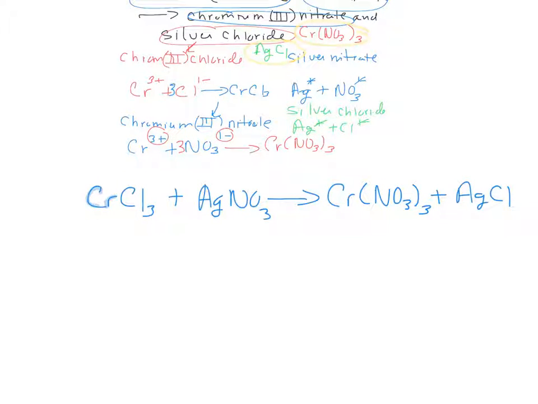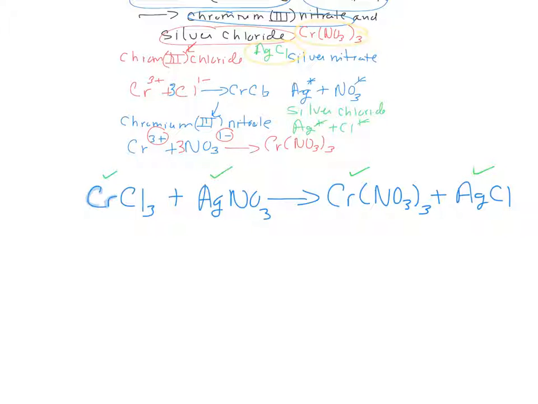The next thing I have to do is make sure that my equation is balanced. I have metals and non-metals in this equation, so I'm going to check the metals first. I have 1 chromium on the reactant side, 1 chromium on the product side, so that's okay. And there is 1 silver and 1 silver, so that's okay.